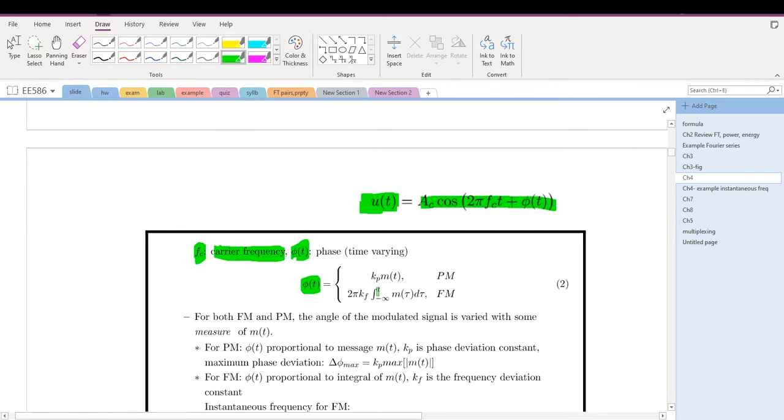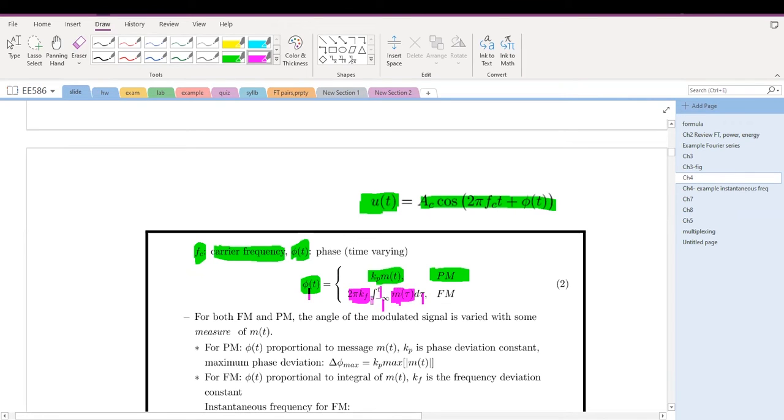Phi(t) is defined as Kp multiplied by m(t) for PM signal. For FM, it's defined as 2 pi Kf times the integral from minus infinity to t of m(tau) d tau, and m(t) is the message.